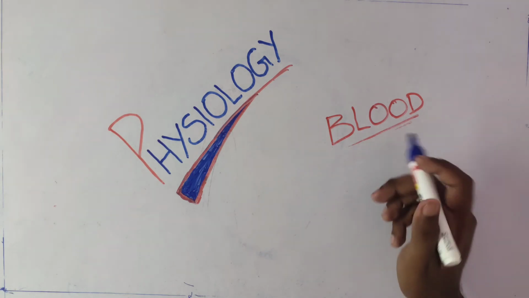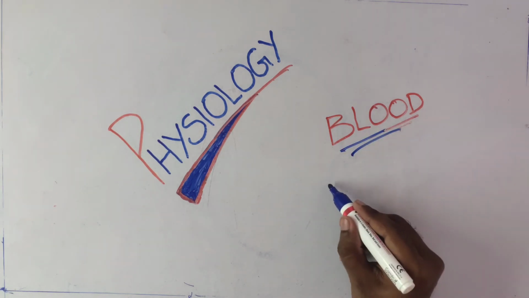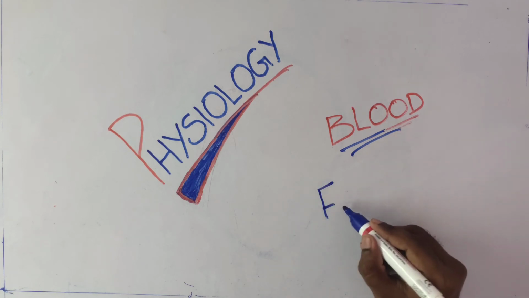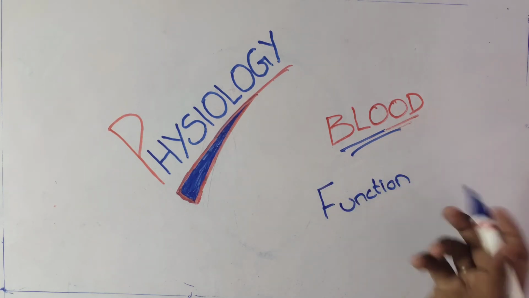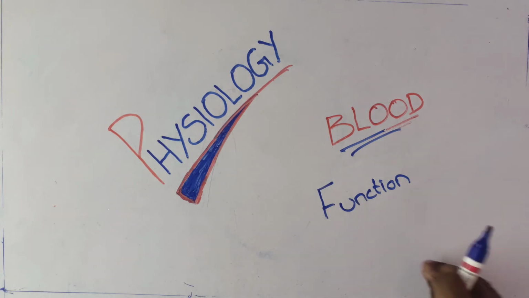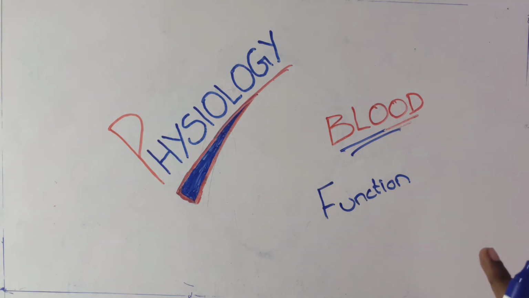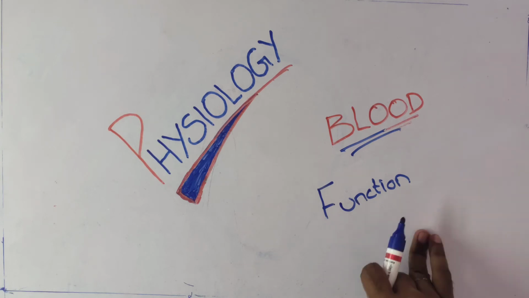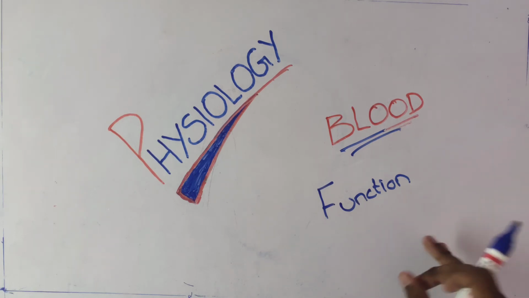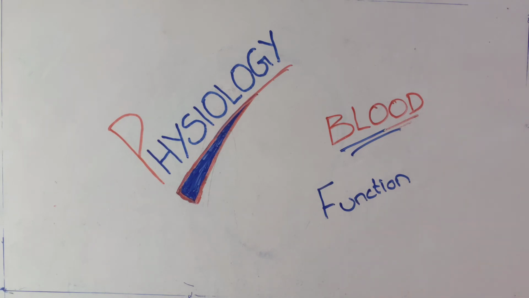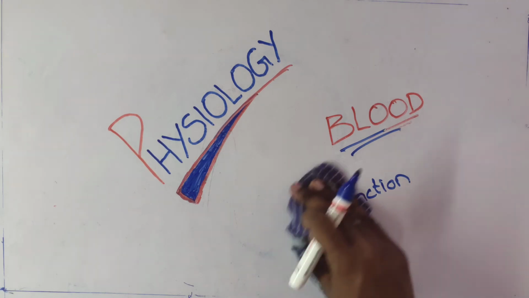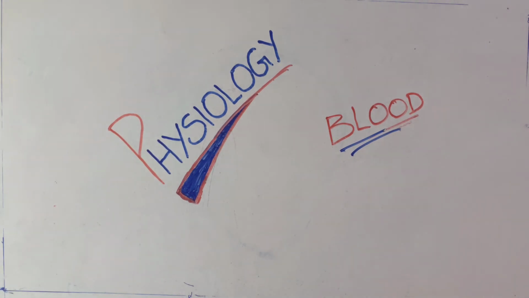In this chapter, all the functions, that means functions of blood, platelets, plasma proteins, the reticuloendothelial system, blood groups, and spleen, are very important for 5 marks questions. So we should be very careful with those functions.